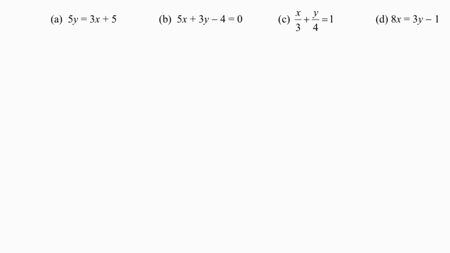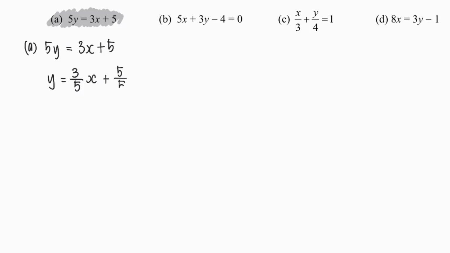So I'm going to do part A first. For part A, well, what do you think we should do? Since we have 5y equals 3x plus 5, I'm going to divide by 5 on both sides and throughout. So this will be 3 over 5x, 5 divided by 5.